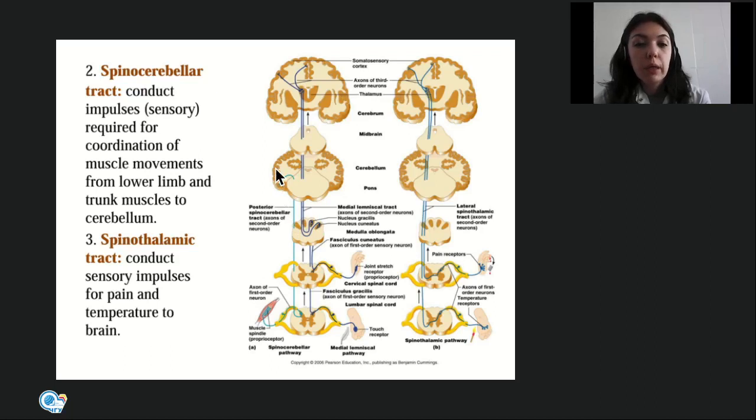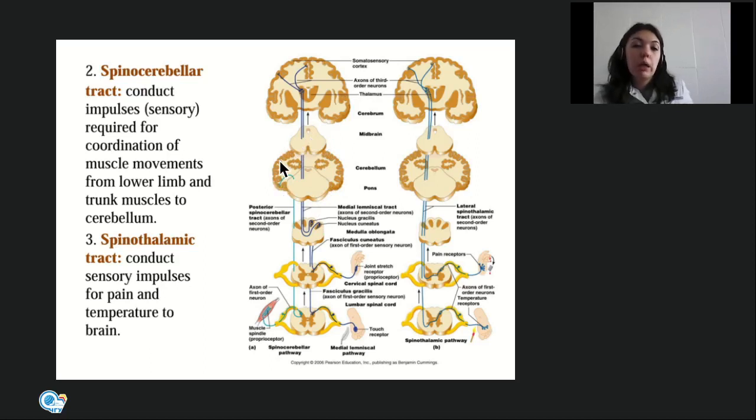For the anterior spinocerebellar tract, axons of the second order neuron decussate, and they move to the contralateral lateral funiculus, to the opposite side. They also move upward, pass through the medulla oblongata, pons, and midbrain, and then again decussate, and through the superior cerebellar peduncles enter the cerebellum.